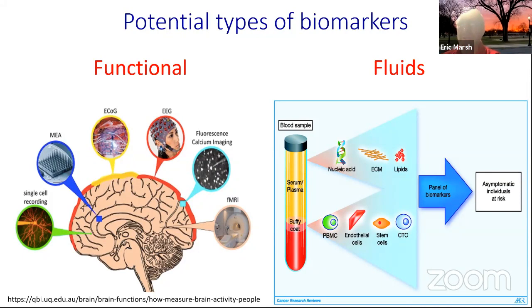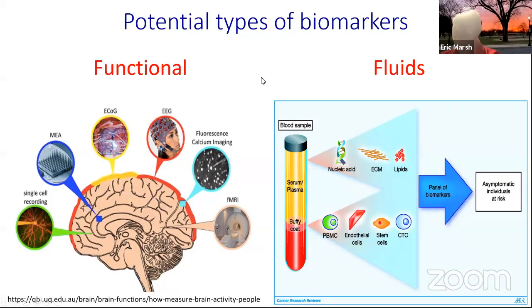Those are what the brain does. Can we measure those things? There are a lot of different ways to measure them. The easiest ways to measure these things in people are the EEG or functional imaging. And then there are other functional measures such as transcranial magnetic stimulation or magnetoencephalography, but those are all functional biomarkers.